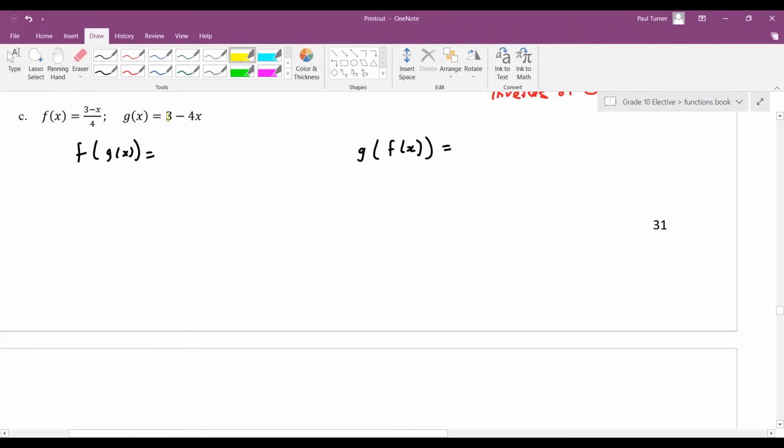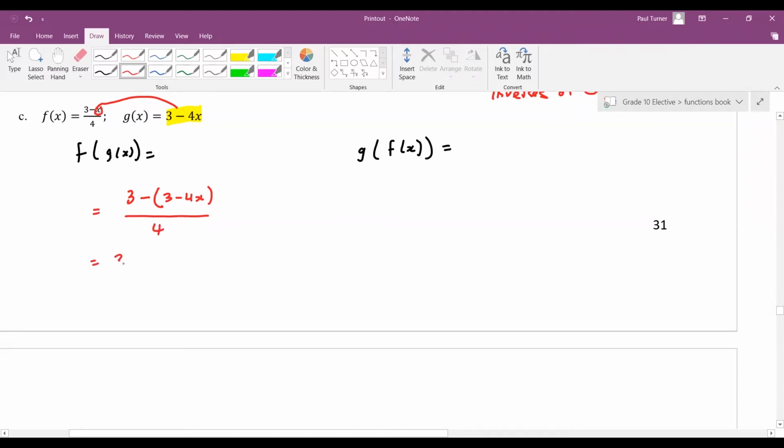So we want to put g(x) into f. So we take our g function and put it in here. Just replace x in the f function. So you have 3 minus bracket 3 minus 4x. Don't forget your bracket on 4.